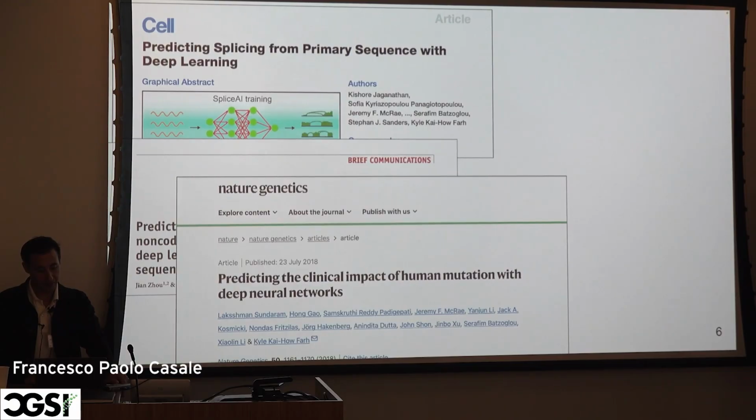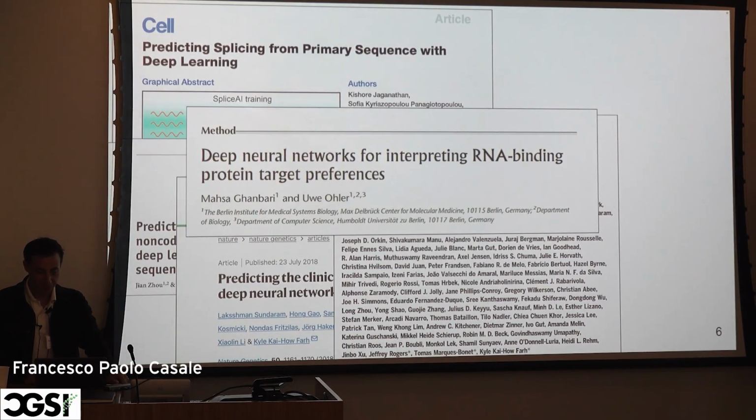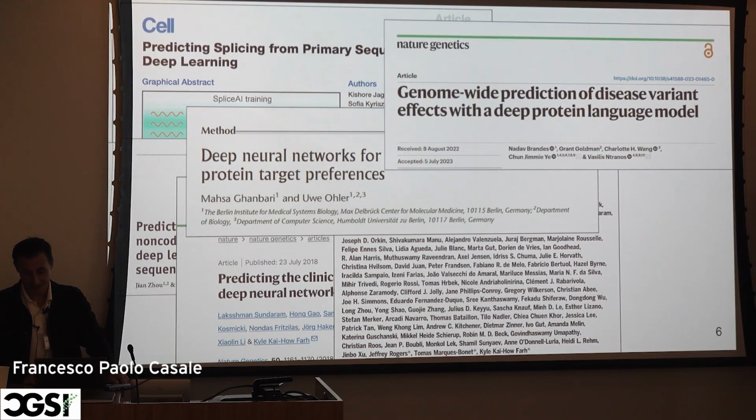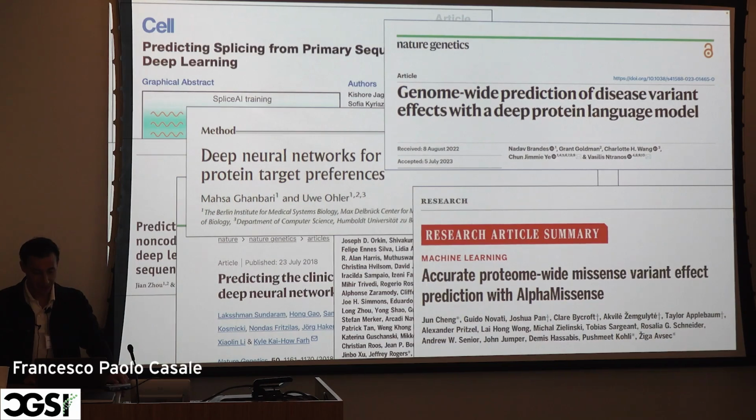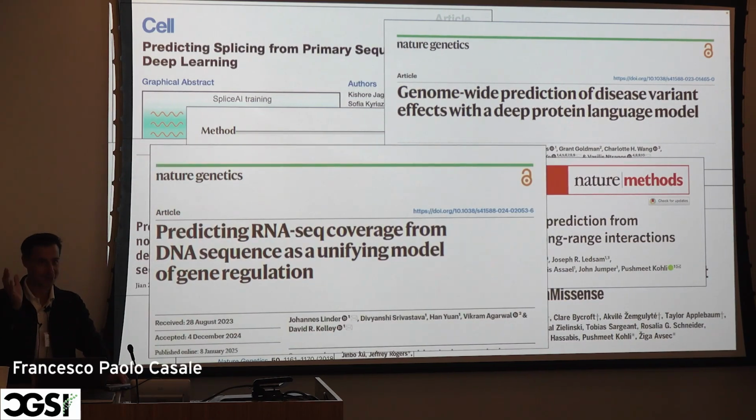We have PrimateAI that's trained on principles of conservation, PrimateAI-3D, which takes protein structure into account, DeepRiPe that can predict RNA binding protein target preferences, ESM1b that's trained on imputing amino acids in a masking problem, AlphaMissense, Enformer, and most recently Borzoi.